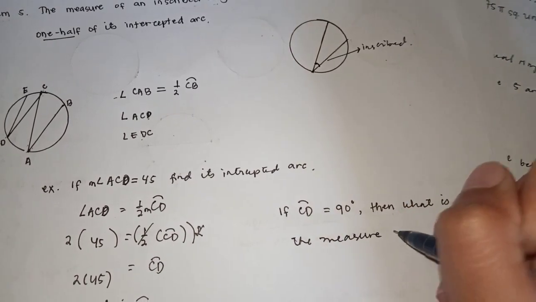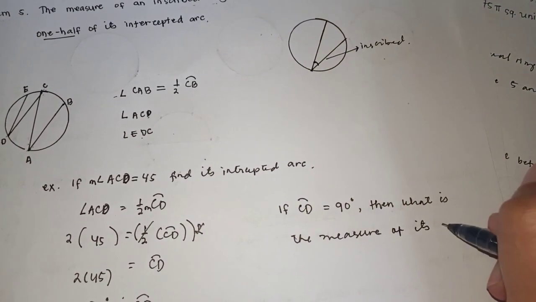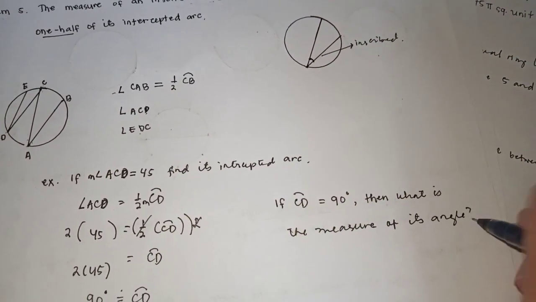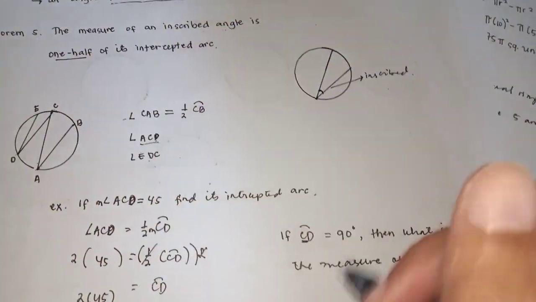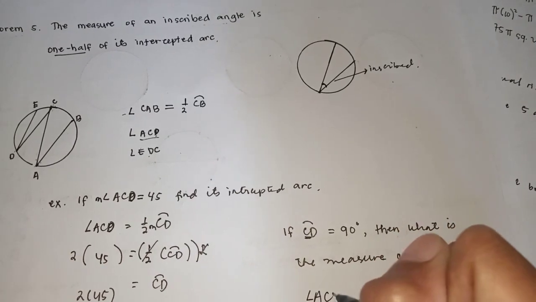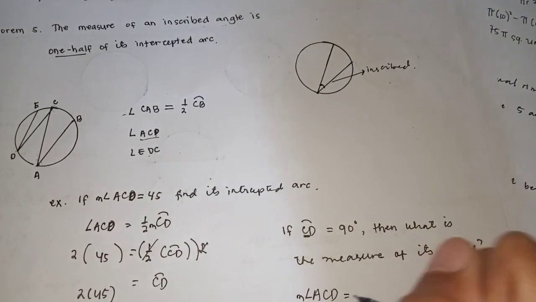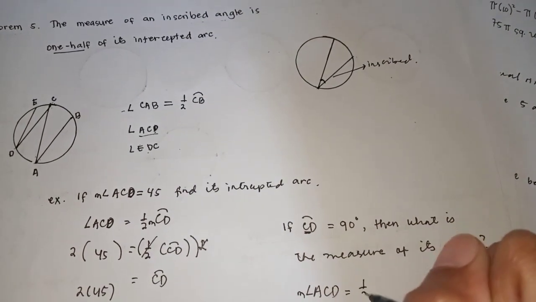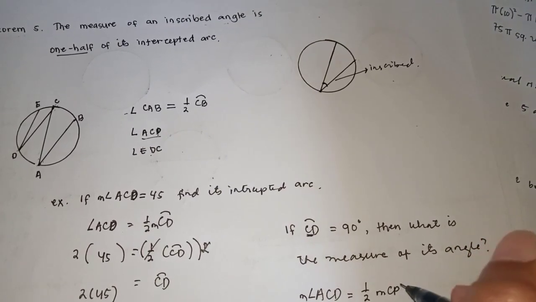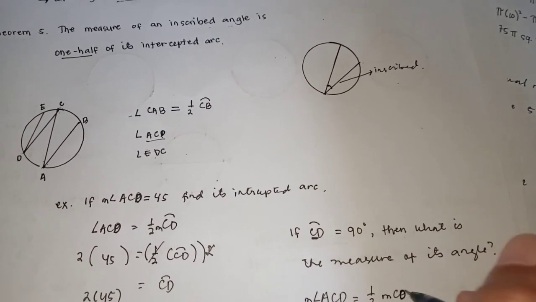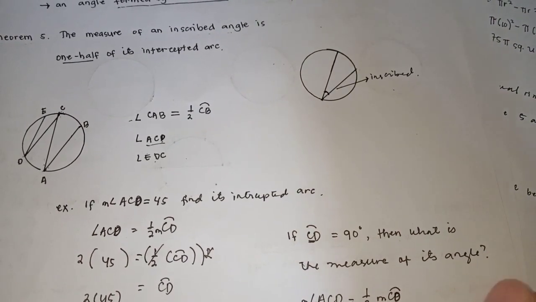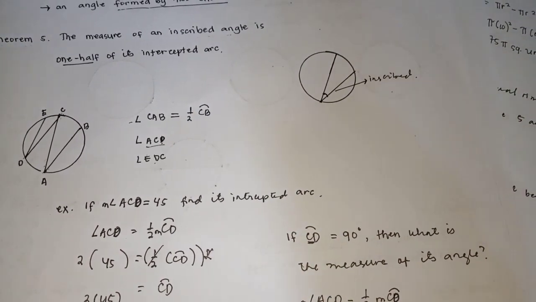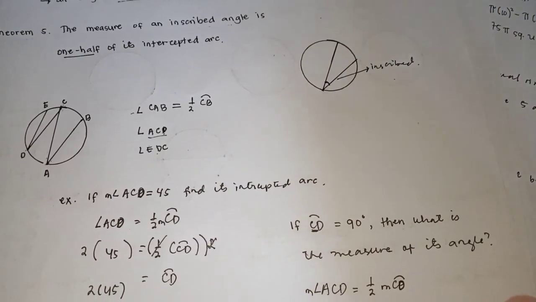So the measure of angle ACD is equal to 1/2 of the measure of arc CD. The value of CD is 90, so 1/2 times 90 is equal to 45.